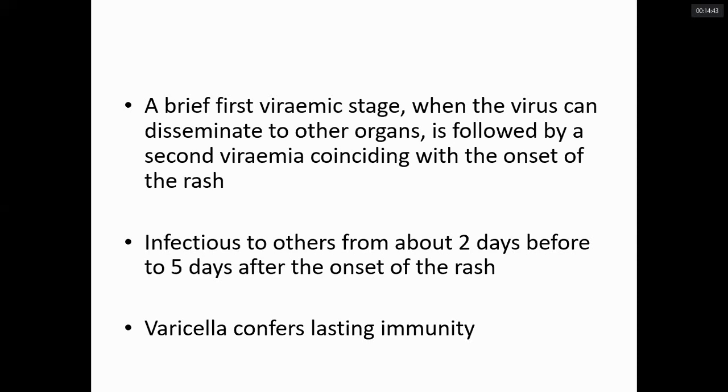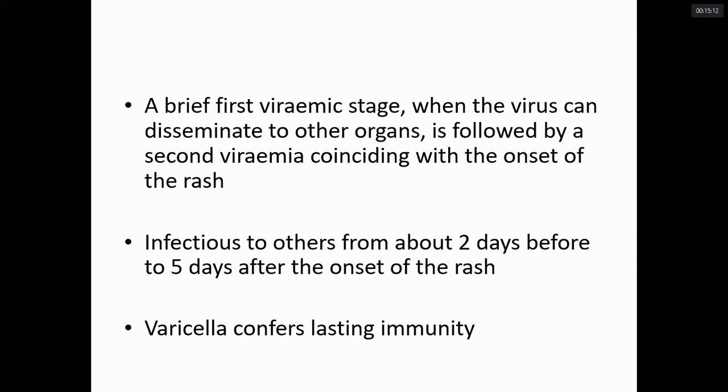At first, there is a brief viremic stage, and then the virus disseminates into the other organs, which is followed by a second viremia coinciding with the onset of rash. That is, during the second viremic phase, there is rash seen in the body. And this infection, varicella infection, is infectious to others from about 2 days before to 5 days after the onset of rash.